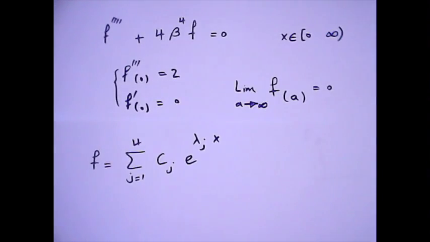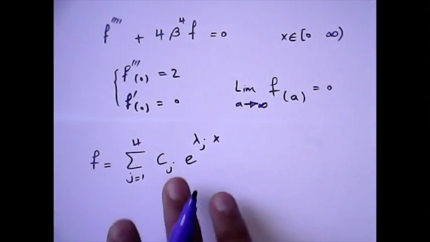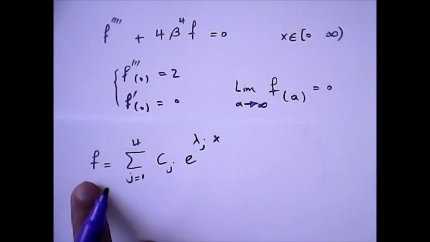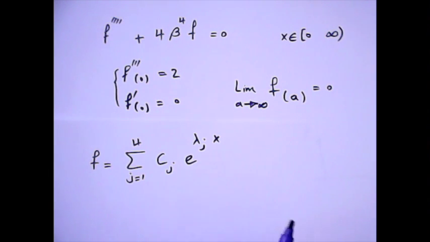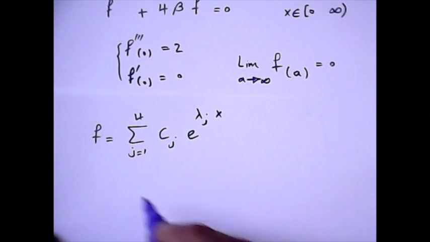I'm not going to write out everything, but here you can guess that if I put this function into the differential equation, I will end up with something which looks like just what we saw. Let me write it out.